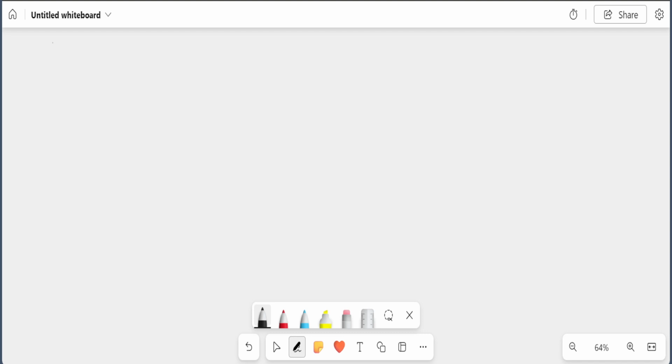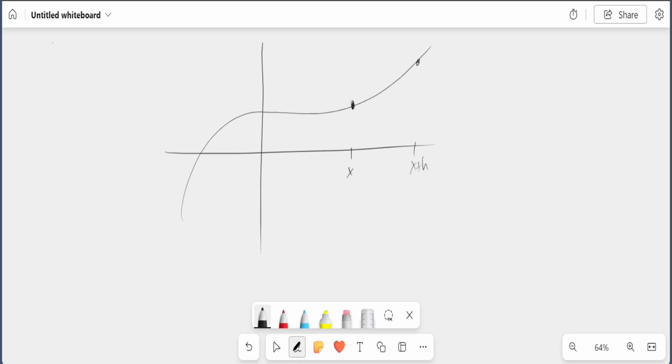Yeah. So another way we can think about it is if we have f of x, right? And we have 2 points. Let's call this x and this x plus h. We can basically say it's the slope of these 2 points as this point gets infinitely closer to that point, right? Those are basically the same thing. That's the whole basis of calculus, is those two are the same, right?